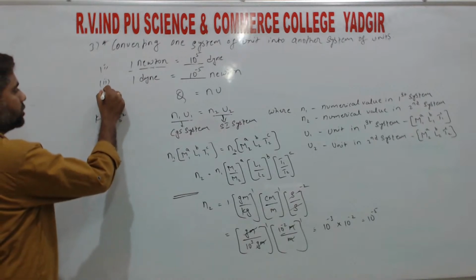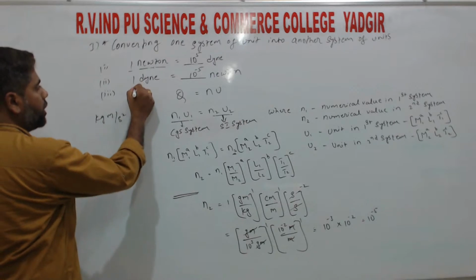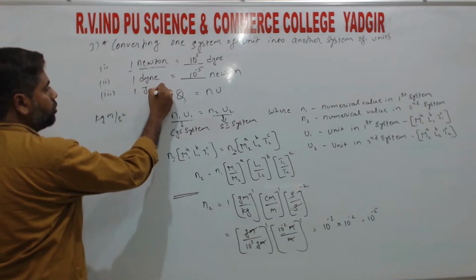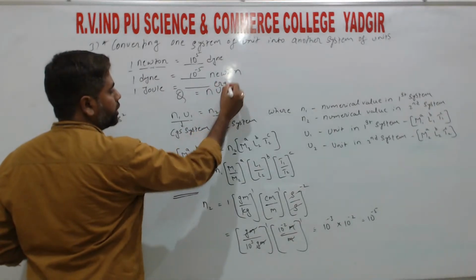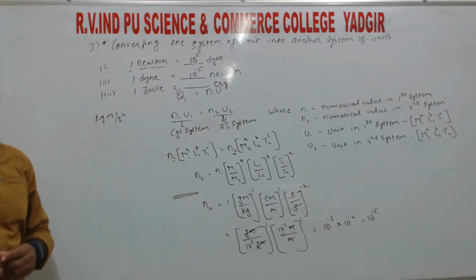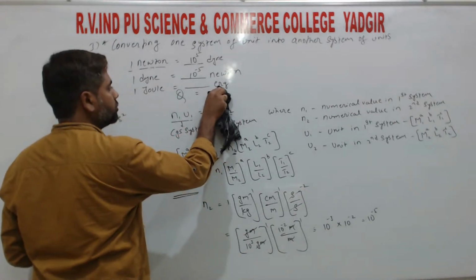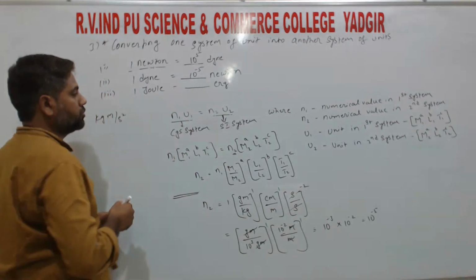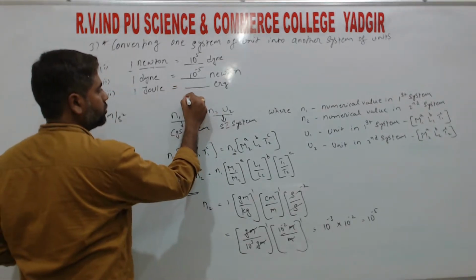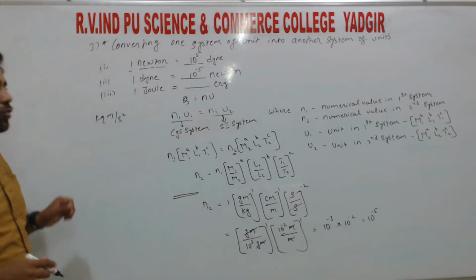So next, the third part. 1 joule is equal to how much erg, right?